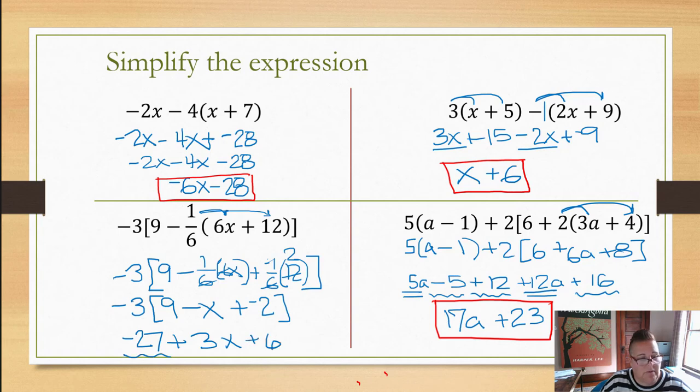I can still combine this -27 with this positive 6, getting a -21 plus 3x. Now I don't have anything more I can combine. I can red box this guy and be done.